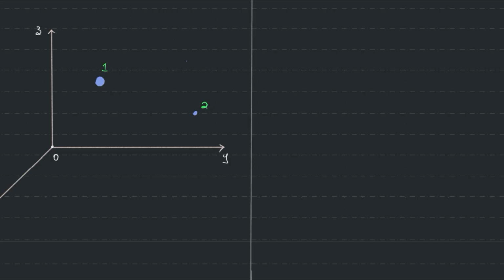What we are looking at is the gravitational force exerted by object 1 on object 2.